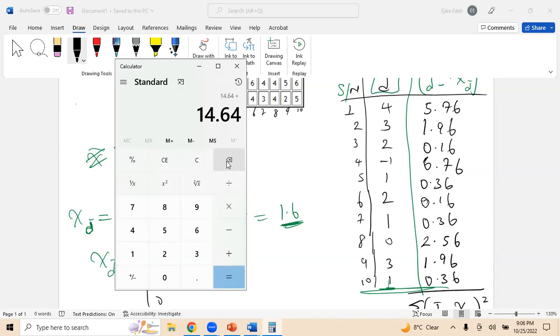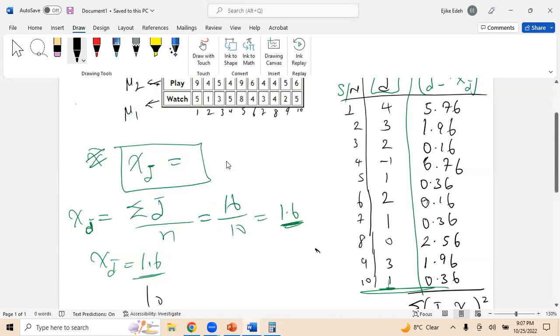And then we add 0.36. And we are adding 0.16, adding 0.36 again, 2.56, 1.96 plus 0.36, 20.4. We're going to do this again just to be sure we're not making a mistake.